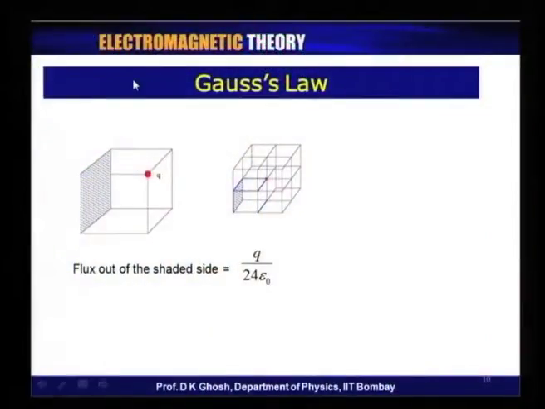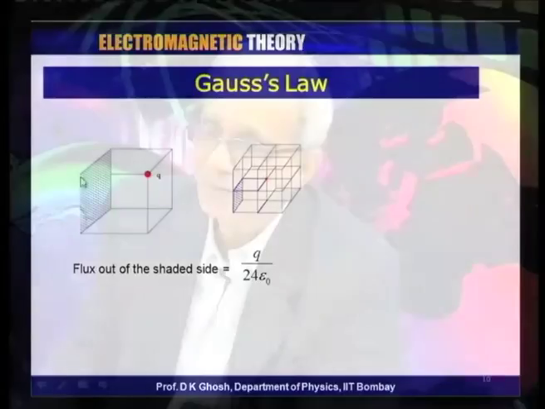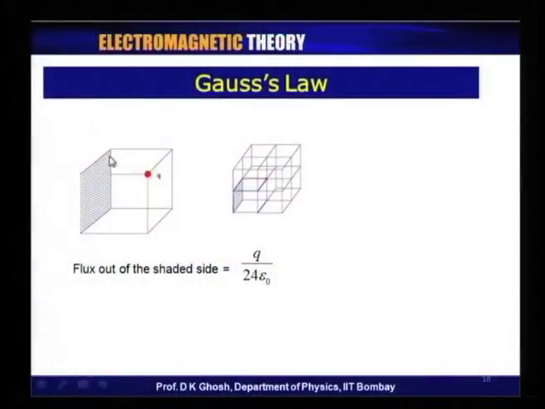But we can do something better. Notice that I am interested in calculating the outward flux through this shaded surface. A charge is at the corner. I already know how to solve the problem if the charge happens to be at the center of a cube. So, why not artificially make this charge at the center of a cube?